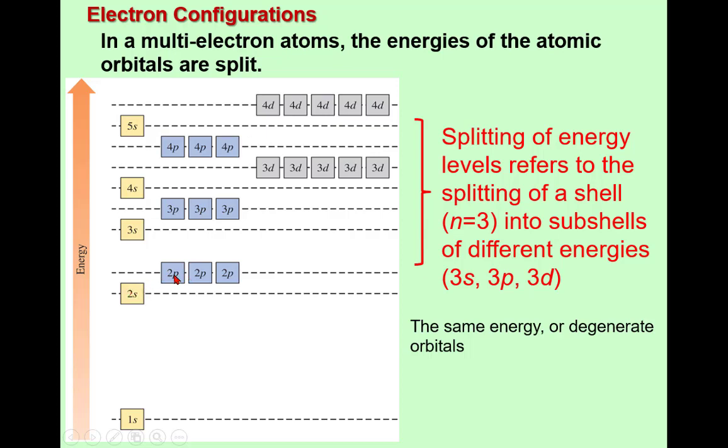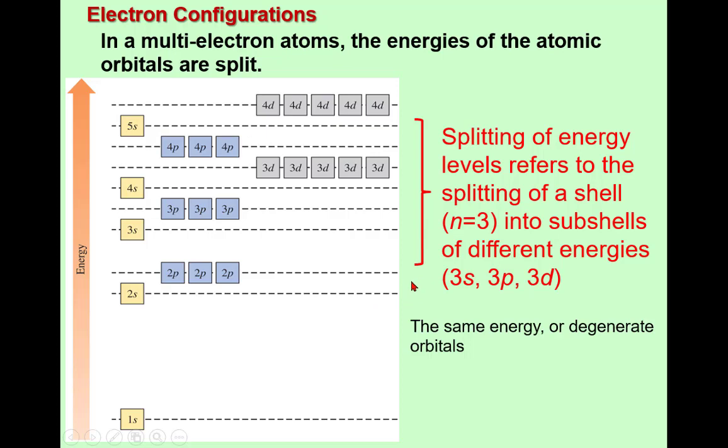So the total number of electrons here is 8. For example, 2 electrons in the 2s orbital and 6 electrons in the 2p orbital. Each orbital can accommodate 2, 2, 2. So here you may observe a total of 8 electrons.